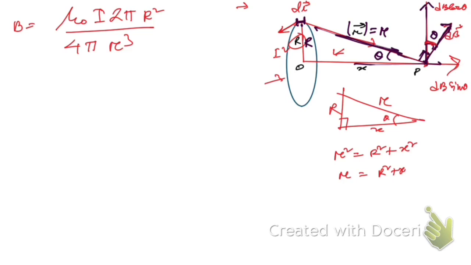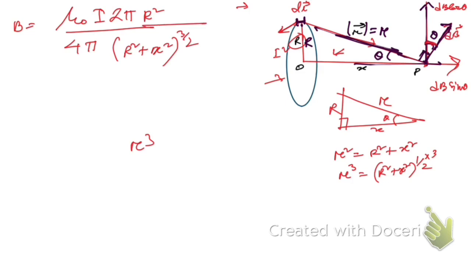And if you take r cube, then half into 3, so this r cube will be replaced by R square plus x square whole to the power 3 by 2, right? Hope you have understood this. So this is the expression of magnetic field at a point P on the axis of a circular loop, right?